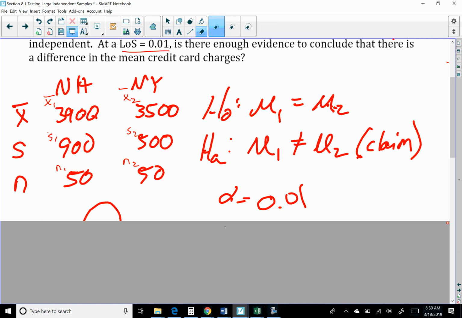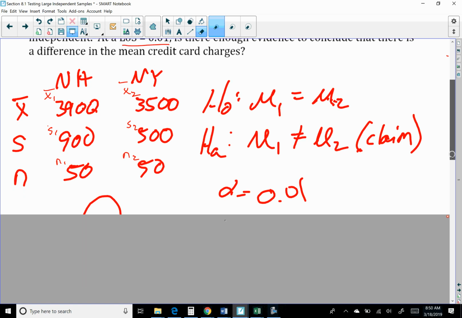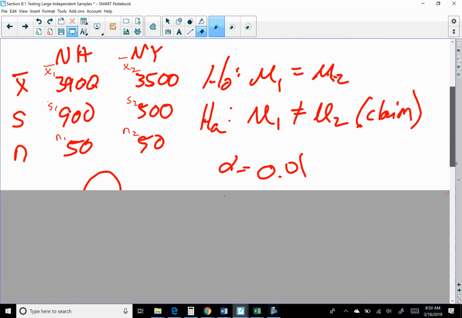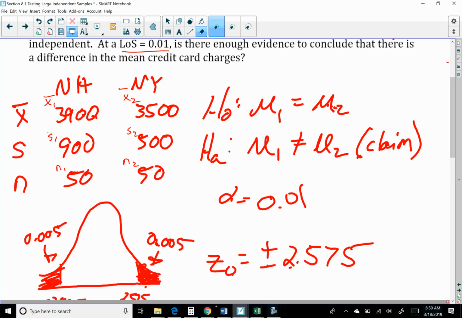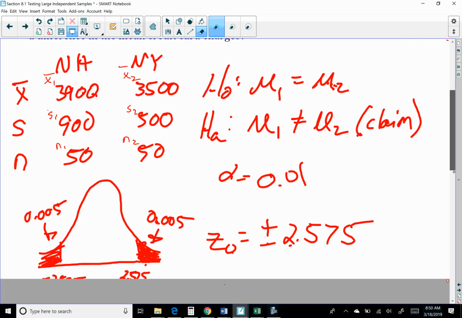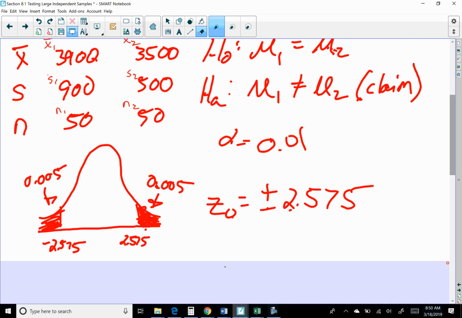So since the sample sizes are greater than or equal to 30, we can assume that the sampling distribution would be normal. Since that's the case, we would set up a sampling distribution over here, bell curve. Two-tailed test, and each tail has 0.05.